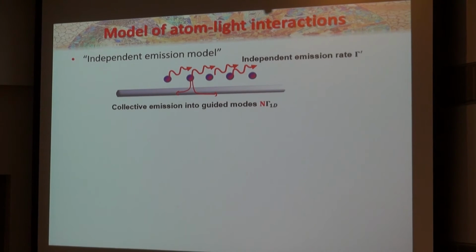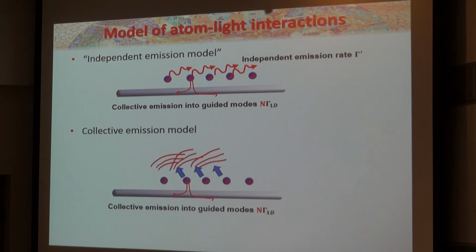So you have N atoms. Those N atoms can emit with a rate that's N times bigger than that of a single atom. But again, the typical assumption is that the emission into free space is independent. Okay, so it's a single quantity. It doesn't depend on how many atoms you have or their spatial configuration. And then what we want to contrast that with is a collective emission model where you really account for this wave emission honestly.